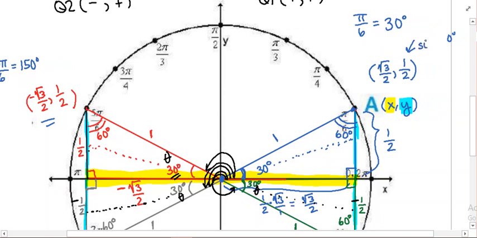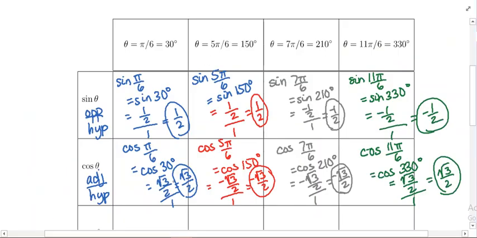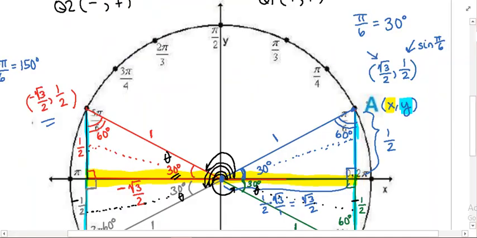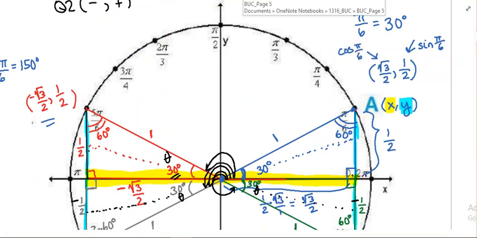That y coordinate is the sine of pi over 6, or 30 degrees. If you go back, look at the cosine. The cosine is the square root of 3 over 2. Go back and look at the circle. The x coordinate of that point, there's the cosine. This is a thing.